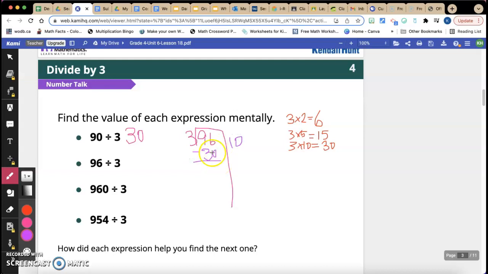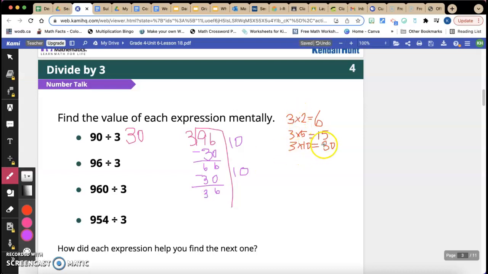6 minus 0, 6. 9 minus 3, 6. 3 goes into 66 with my partial quotient. The closest I can get, again, is 30. 3 times 10 is 30. Whenever I'm in the house, I subtract. 6 minus 0 is 6. 6 minus 3 is 3.